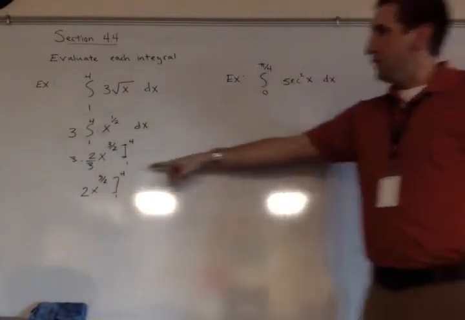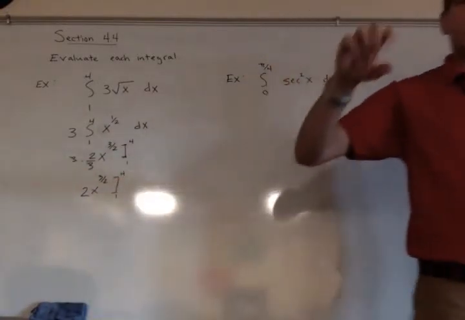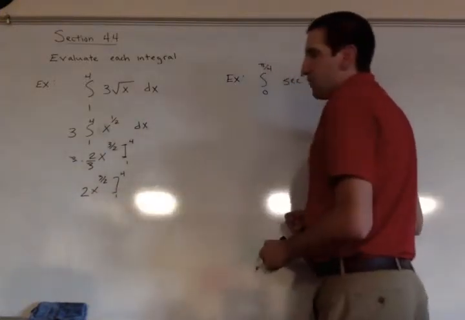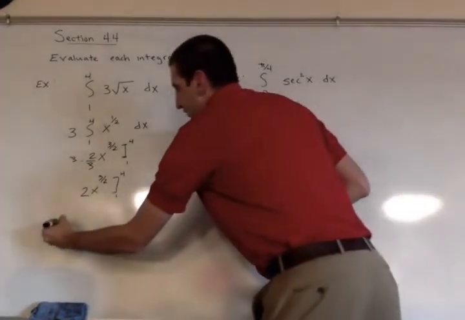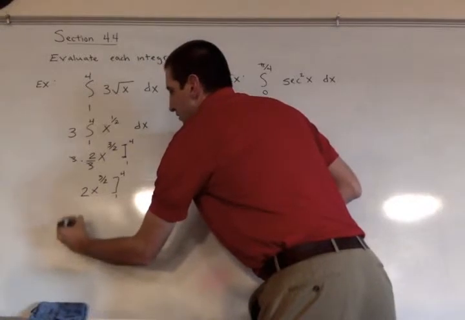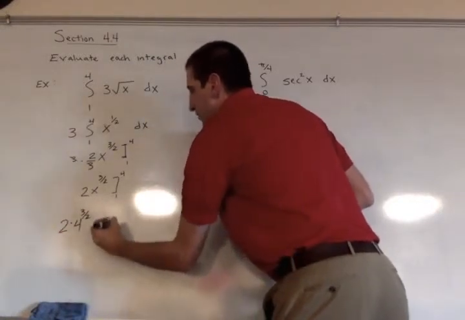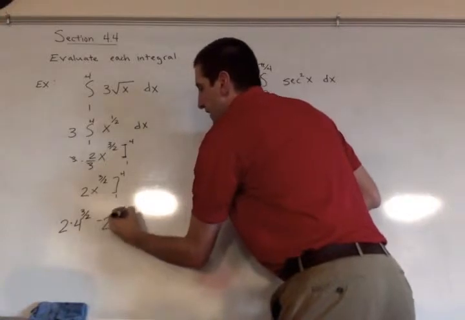Next step, substitute your upper limit in for x, and then substitute your lower limit in after that, and subtract those results. So I'd have 2 times 4 to the 3/2 minus 2 times 1 to the 3/2.